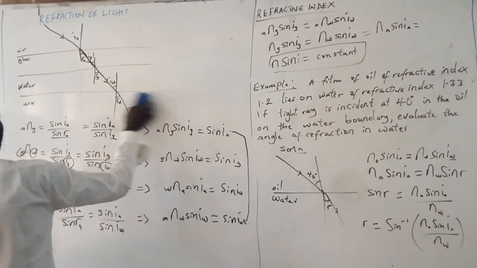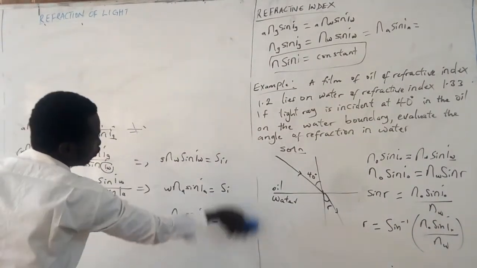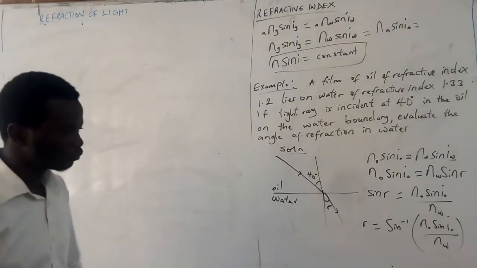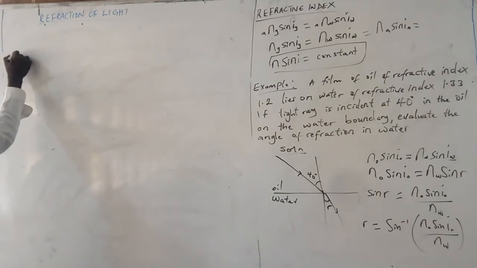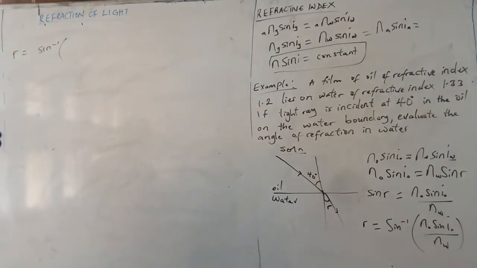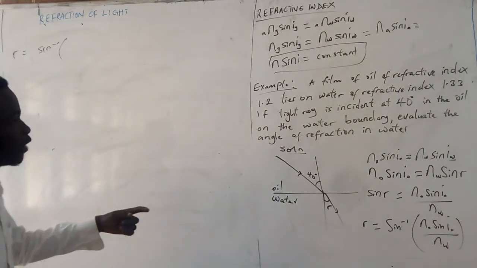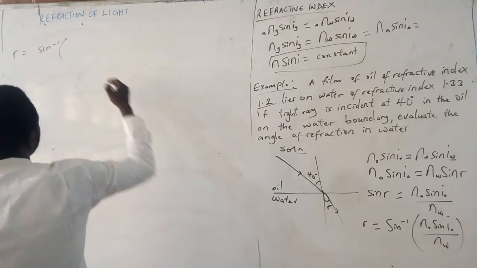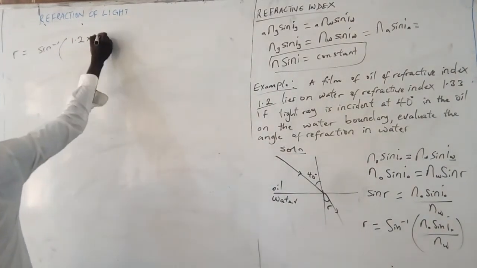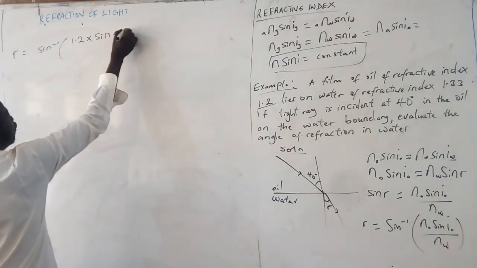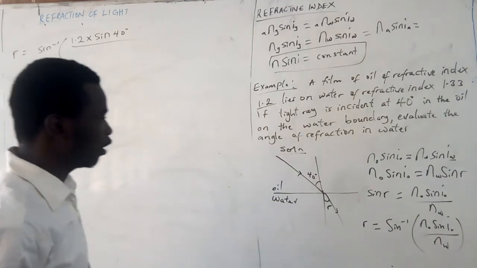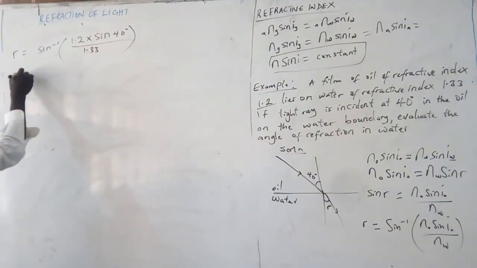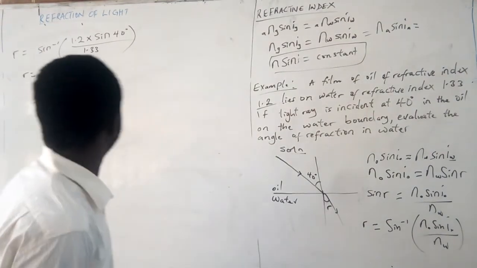So if we plug in all the parameters given, we are going to have R equal to sine inverse of n oil, that's the refractive index of oil, which is 1.2, times sine of the angle of incidence, that's 40 degrees, over the refractive index of water, which is given as 1.33.